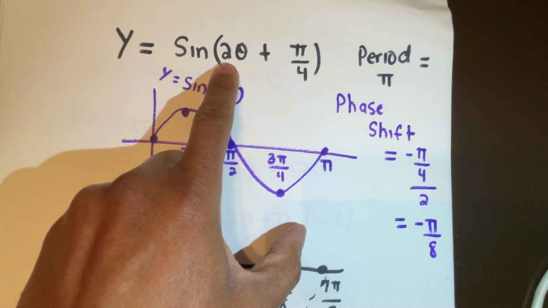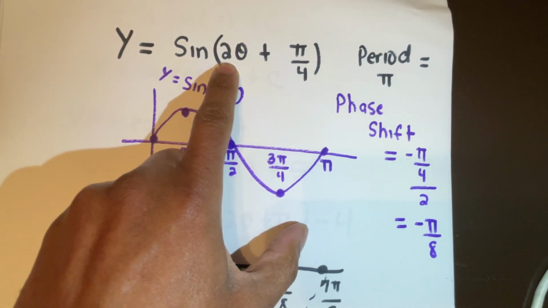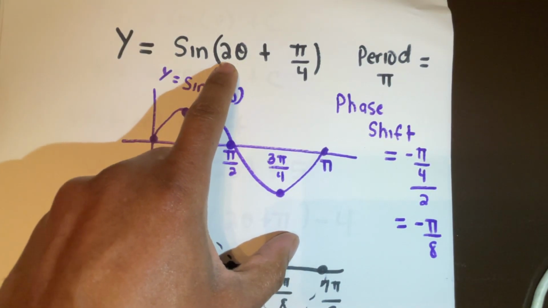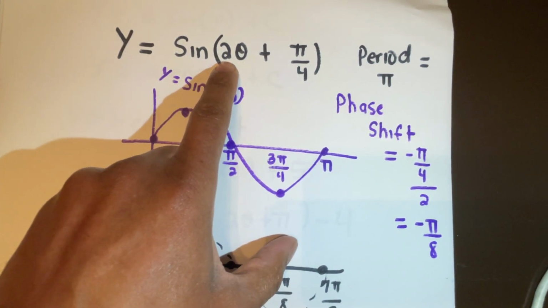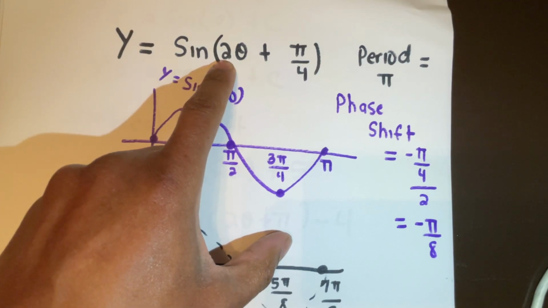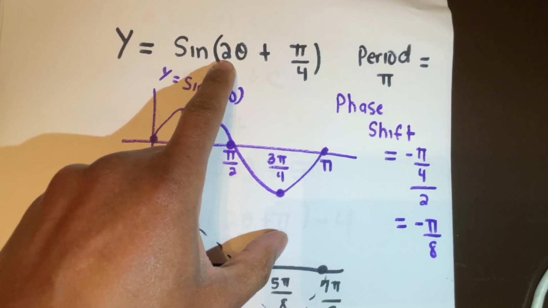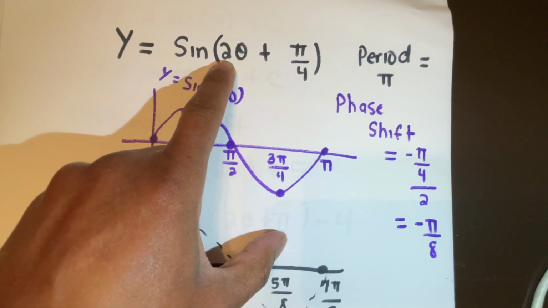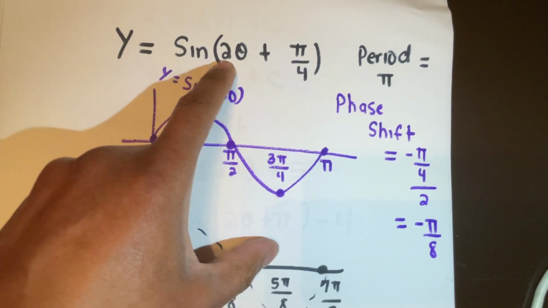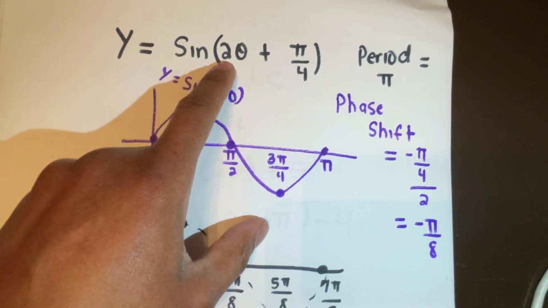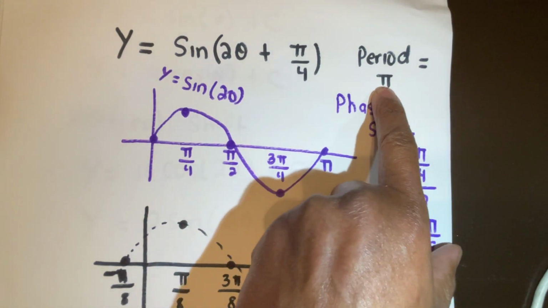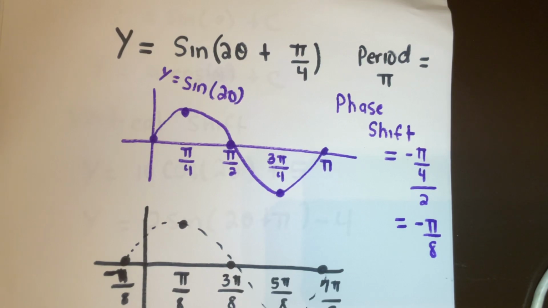It's still going to be determined by the number in front of your angle measurement, the coefficient in front, which is 2. So in order to find my period, I'm going to take 2 pi and divide it by 2. So my period is equal to pi.